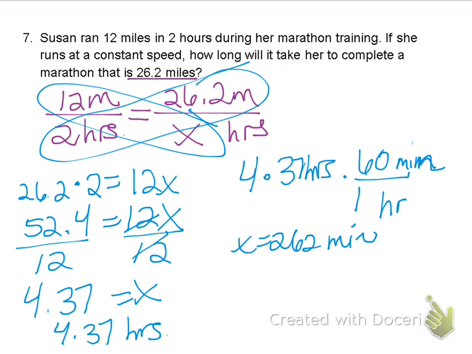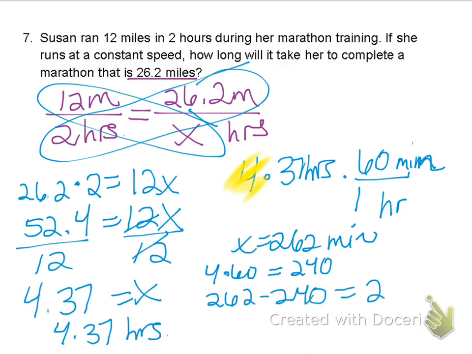And we know that this is 4 complete hours, so we can multiply 4 times 60. That equals 240. So we can do 262 minus 240, and there's 22 minutes left in addition to that 4 hours. So our final answer is 4 hours and 22 minutes.